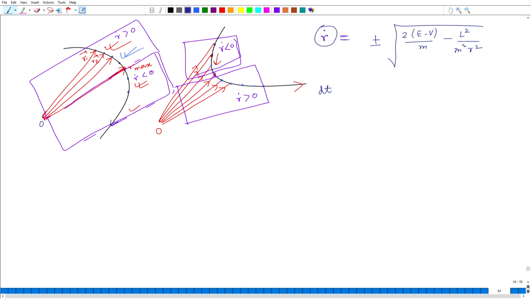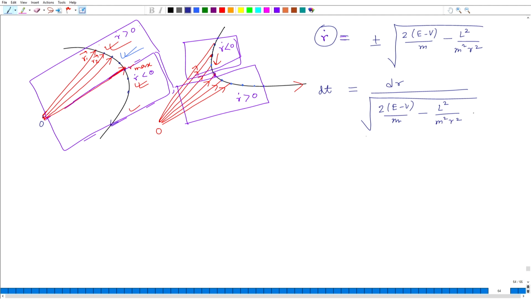So, if I write dr by dt is equal to this, then I can take dt to the right side, and dr I can combine with this part which comes to the left side. So, I will have dt is equal to dr divided by this function of r, root of 2 (E minus V) by m minus L square by m square r square.